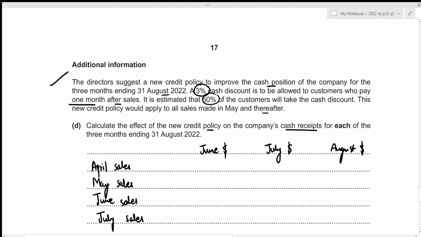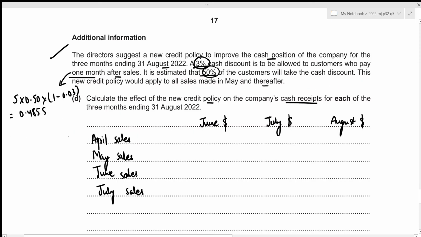Let's talk about the amount being received after 1 month of sales. We'll be getting 50% of the customers, right? So that will be sales times 50%. And we're also allowing a 3% cash discount. So that will be times 1 minus 3%. So this results in 0.485 sales. And remember that this new credit policy is going to be applied to all sales made in May and thereafter.